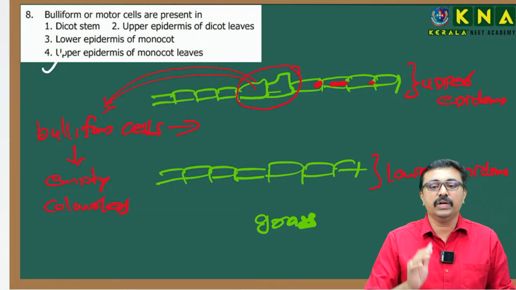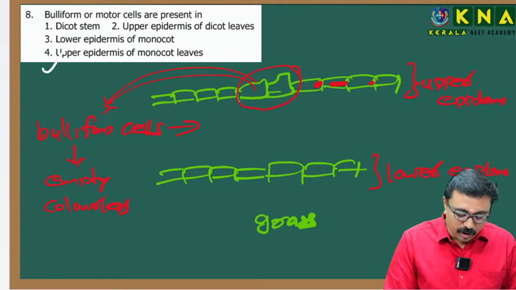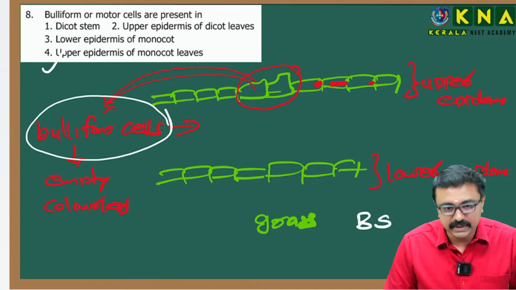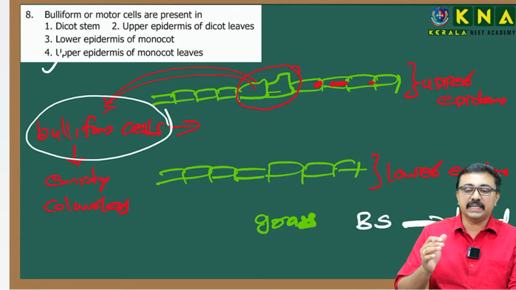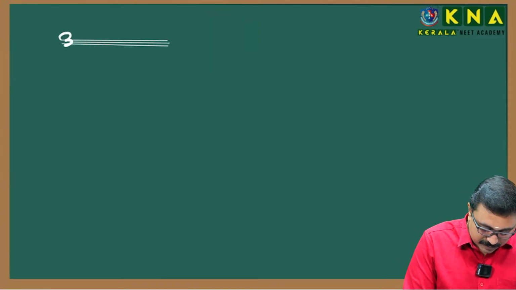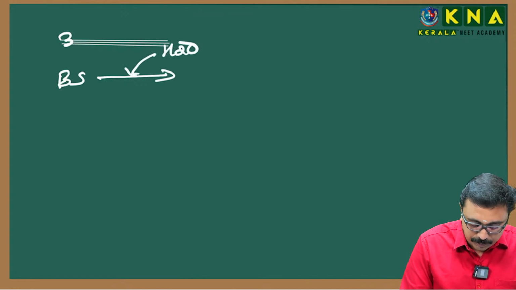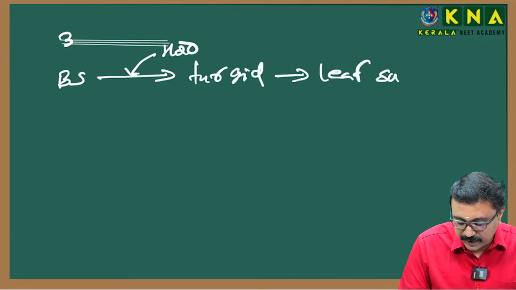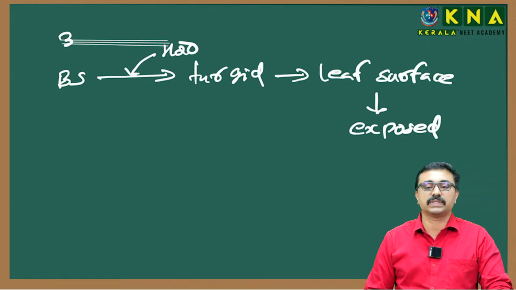They perform certain important functions. When bulliform cells absorb water, they become turgid. When this happens, the leaf surface becomes exposed.